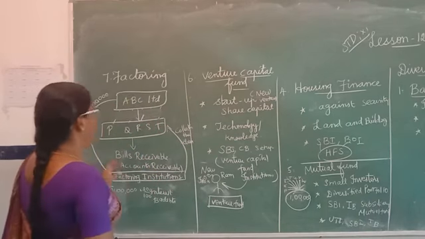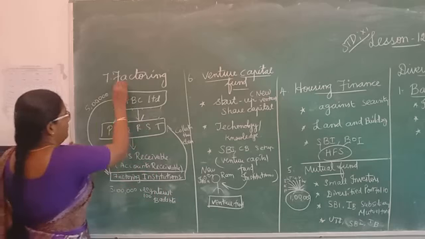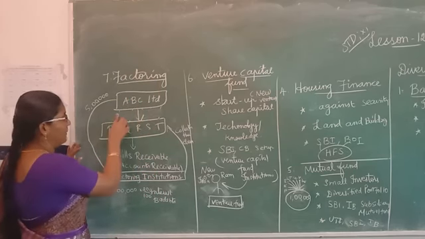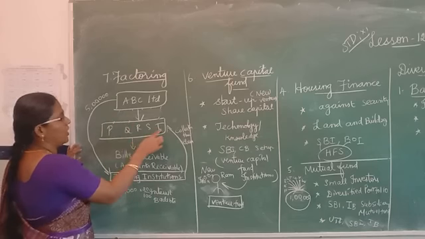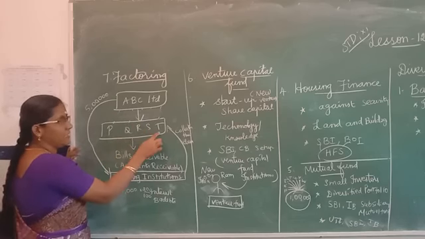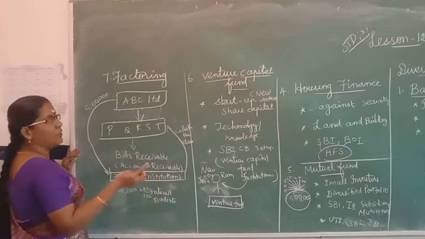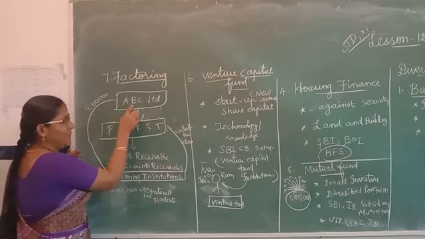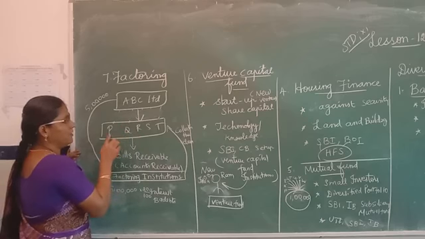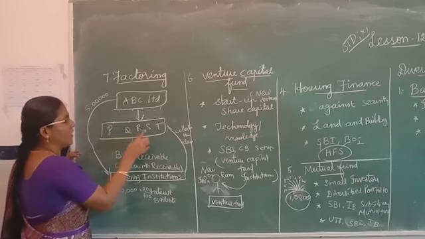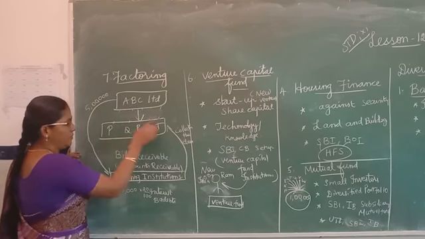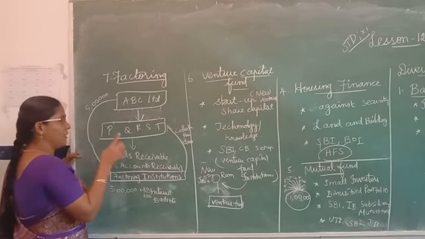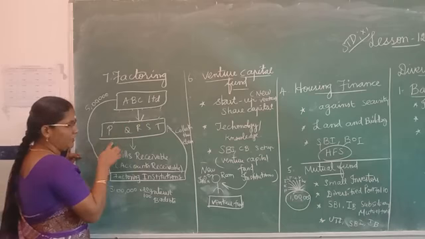Then come to factoring. Factoring means what? It is like a bill of exchange. ABC Limited Company sold the product to P, Q, R, S, T. All these parties said it is not possible for them to give the money immediately.